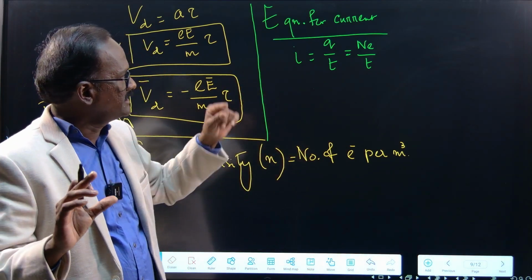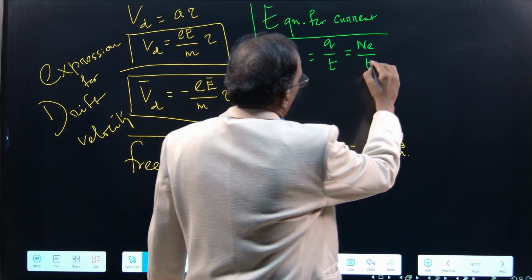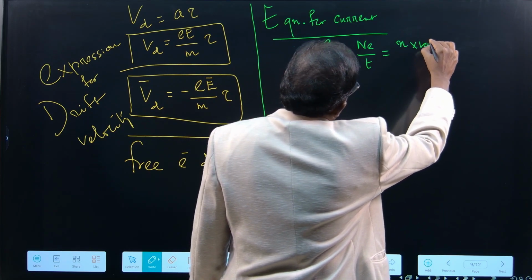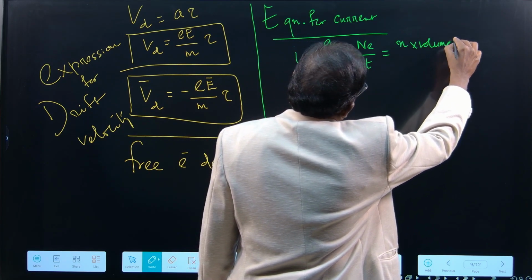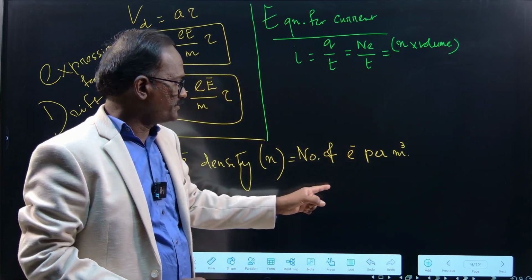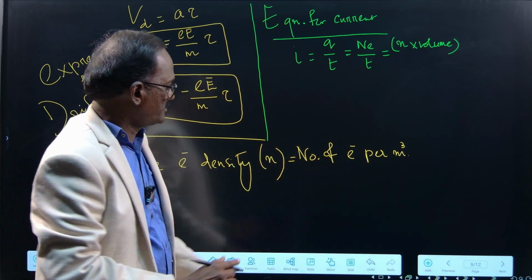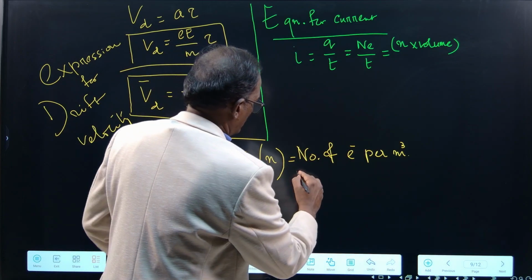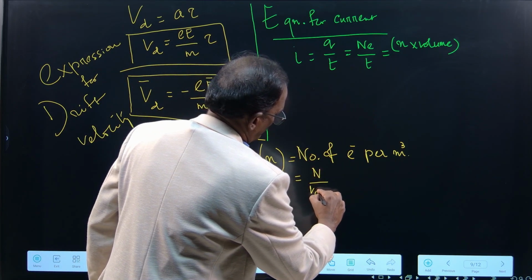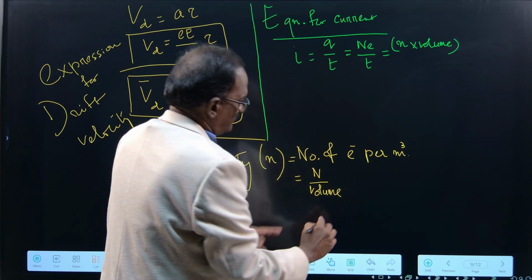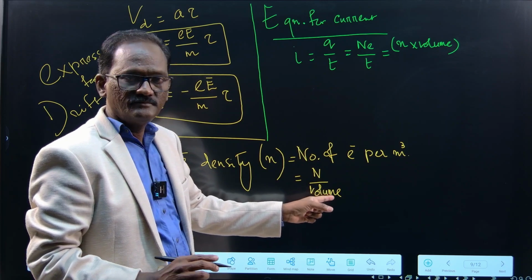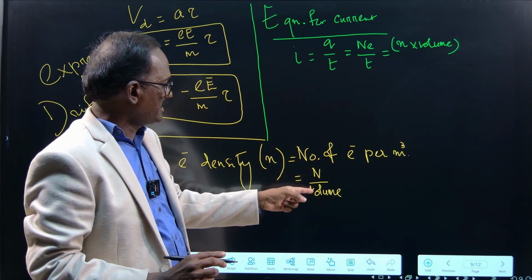N into E. I am rewriting this with small n, which must be per meter cube. So this is nothing but capital N by volume, the total number of electrons per volume.